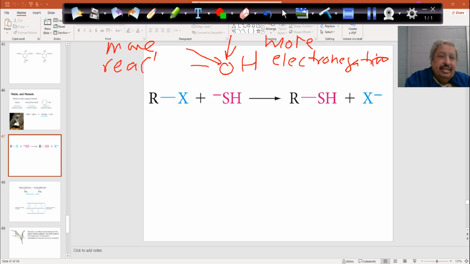So I can expect the alcohol to be more reactive than the thiols. Sulfur is less electronegative, so it will be less reactive than oxygen. Oxygen starts to pull electrons from the adjacent atoms, so the alcohol in general is very active compared with the thiols.